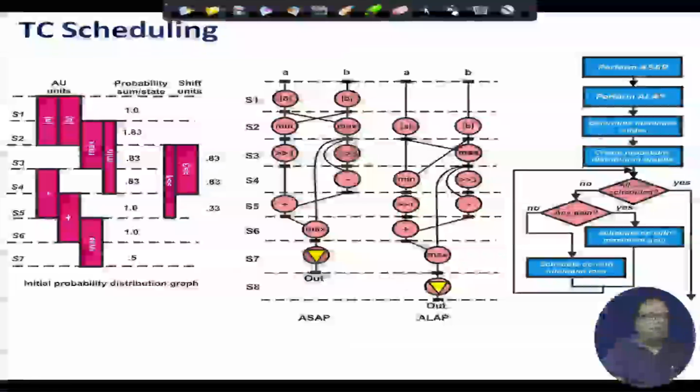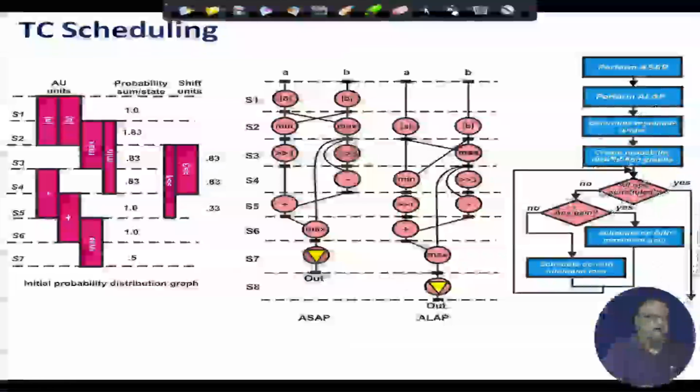We perform the ASAP and ALAP and then determine the mobilities. Now, we are taking recourse to another approach, which is we create the probability distribution graphs. Okay. And based on that, we go on scheduling the operators. If all our operations are scheduled, fine.